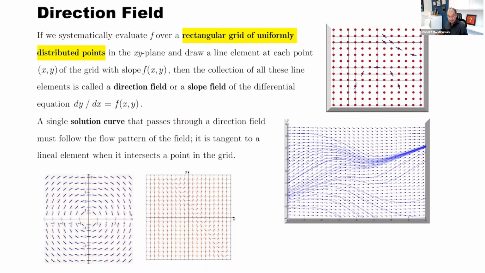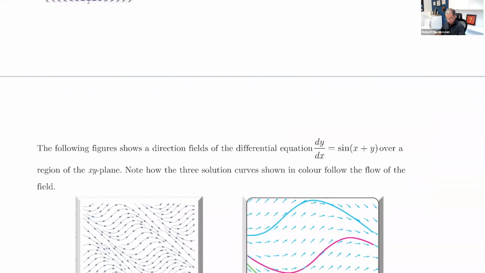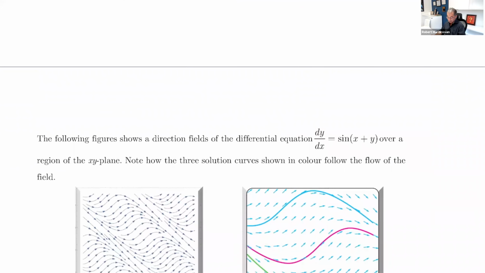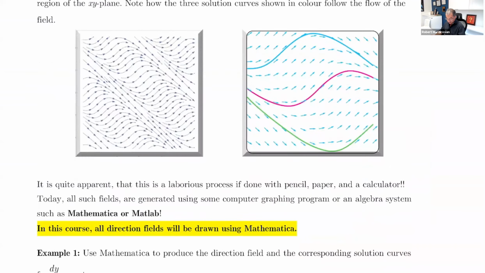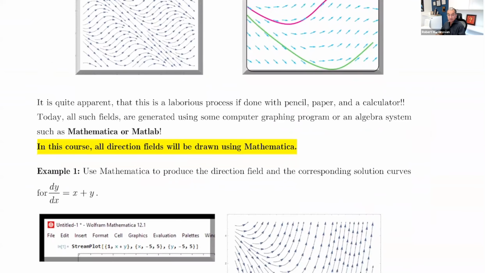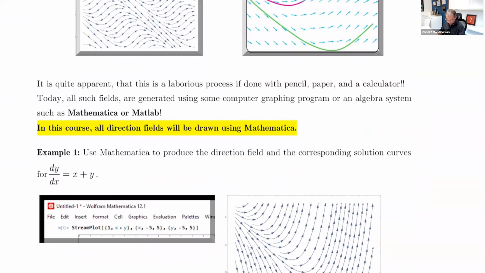To do this by hand is very hard, and I won't even give you this during the exam, but right now you can use Mathematica or MATLAB to get that. The command for Mathematica is StreamPlot, and on the homework you're going to see some examples. Please go over that.